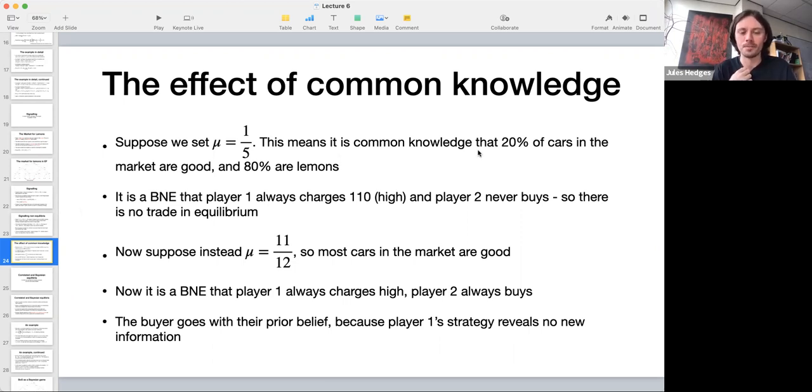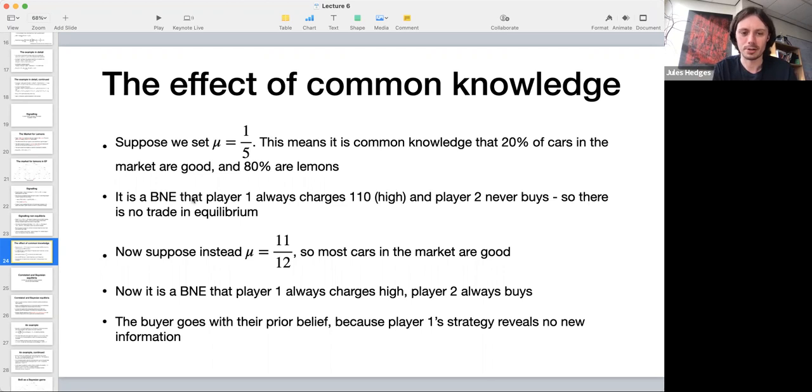the market are good. So if we set mu to be 1/5, 20%, that means that this is kind of low. This means that the market is flooded with lemons. So in this case, it's a Bayesian Nash equilibrium that player 1 will always charge the high price and player 2 will never buy.